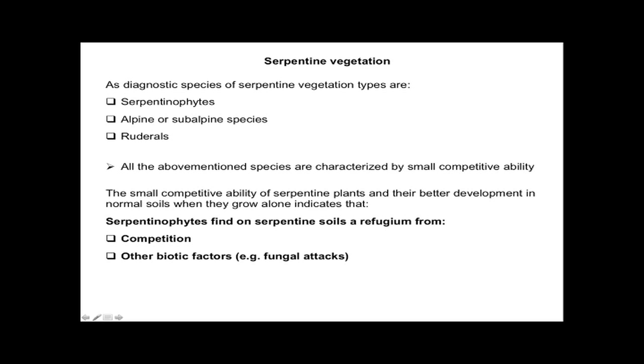All these 3 categories have one common characteristic: they all have very small competitive ability. We have seen it before, the small competitive ability of serpentine plants and their better development in normal soils, according to experiments, and not on serpentine soils, verifies that serpentinophytes find on serpentine soils a refugium from competition and from other biotic factors, like, for instance, fungal attacks.